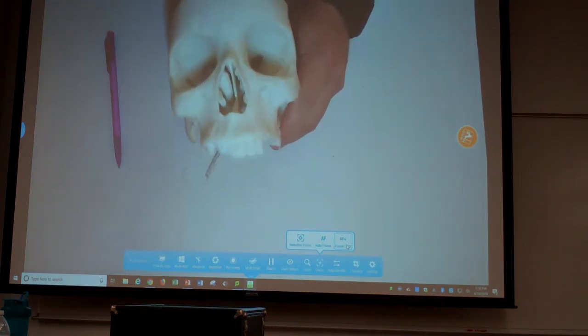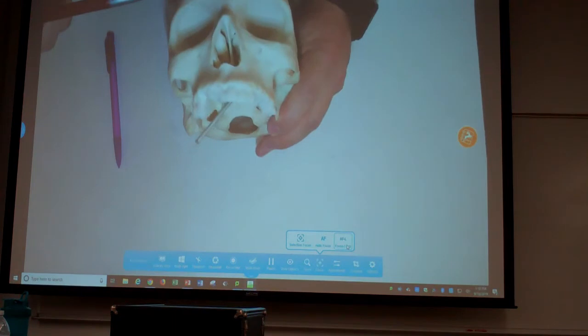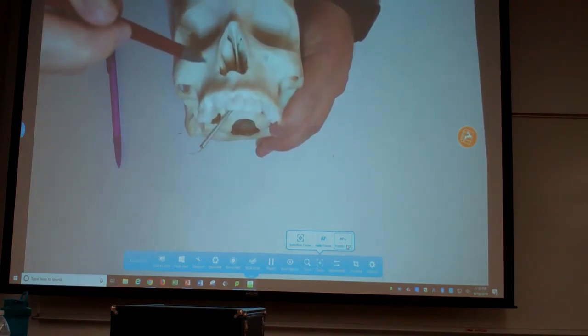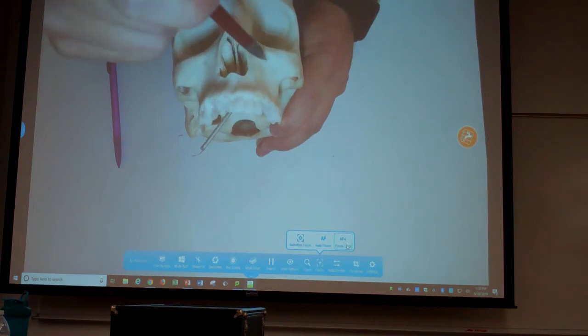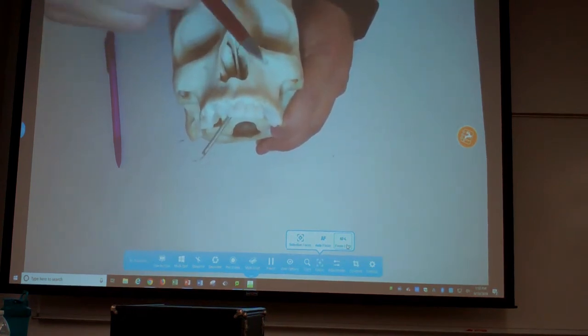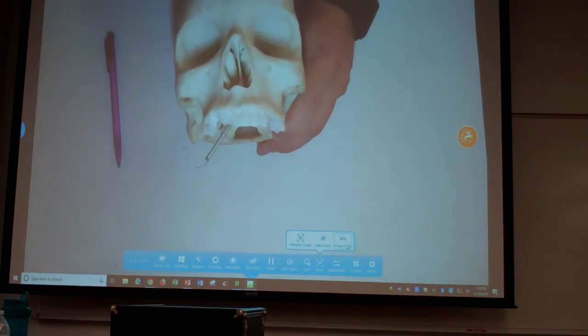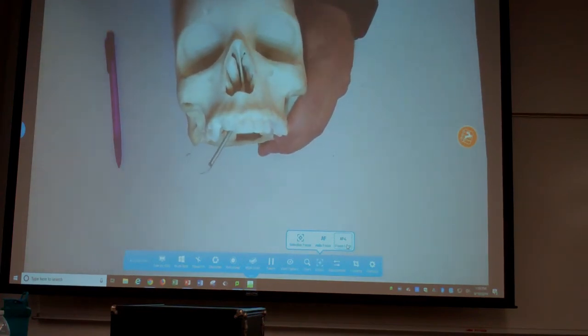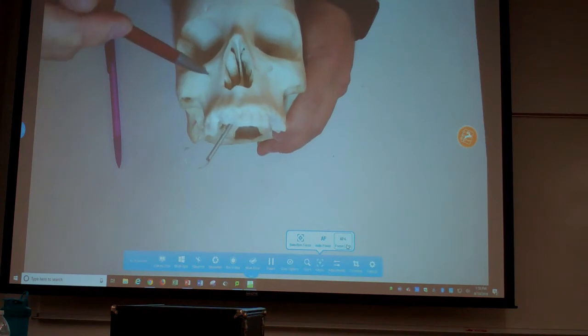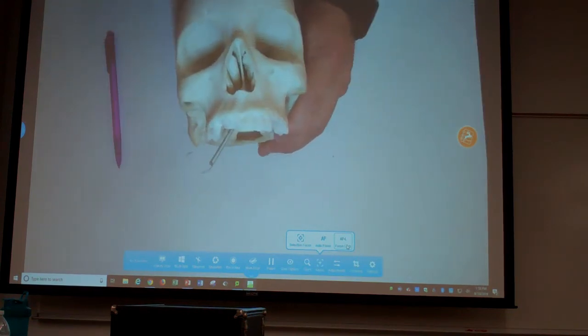Infra meaning below, orbital meaning eye socket, foramen. So right there and right there. Essentially, the supraorbital foramen, infraorbital foramen, and mental foramen are basically holes for blood vessels to pass through so that your skull gets the blood that it needs to function.